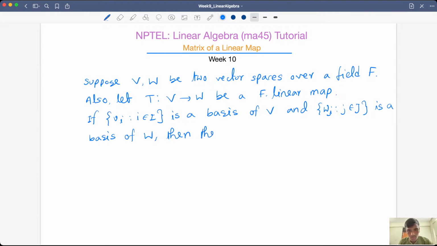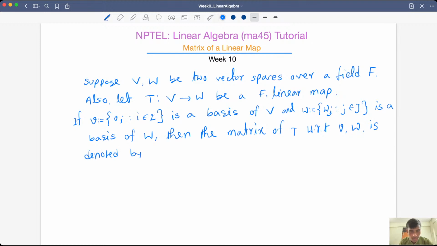Then the matrix of T, with respect to the bases V and W, is denoted by M_VW of T. And how is it obtained?